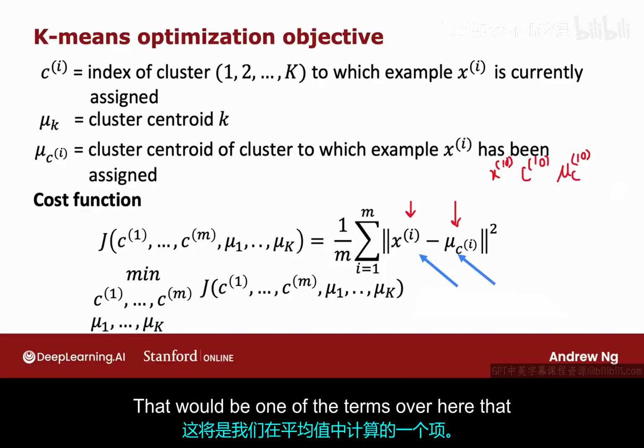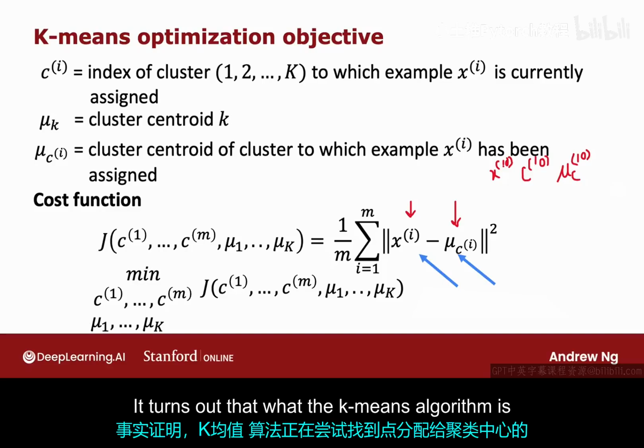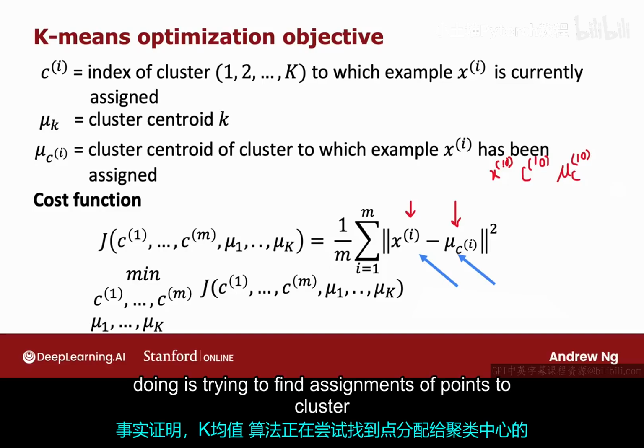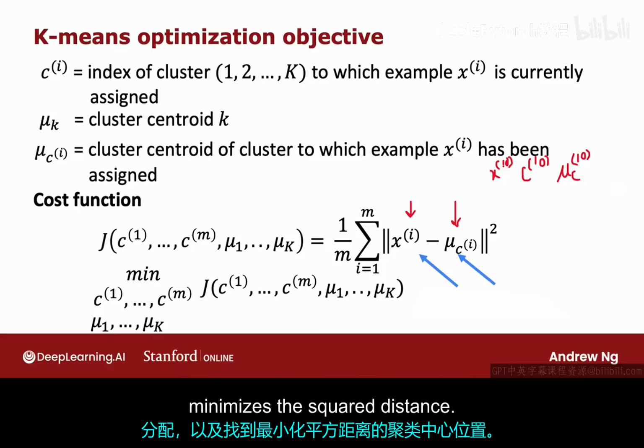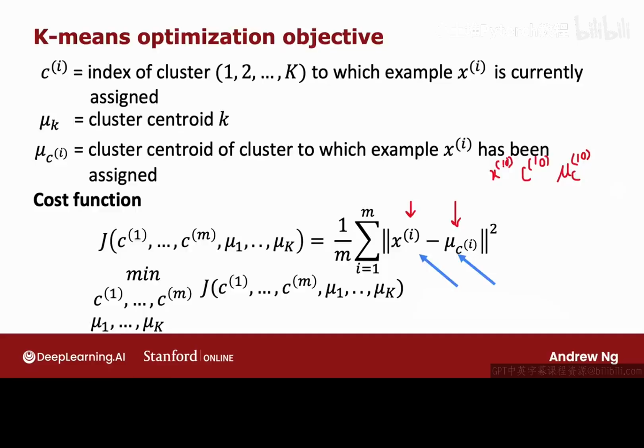And that would be one of the terms over here that we're averaging over. And it turns out that what the k-means algorithm is doing is trying to find assignments of points to cluster centroids, as well as find locations of cluster centroids, that minimize the squared distance.